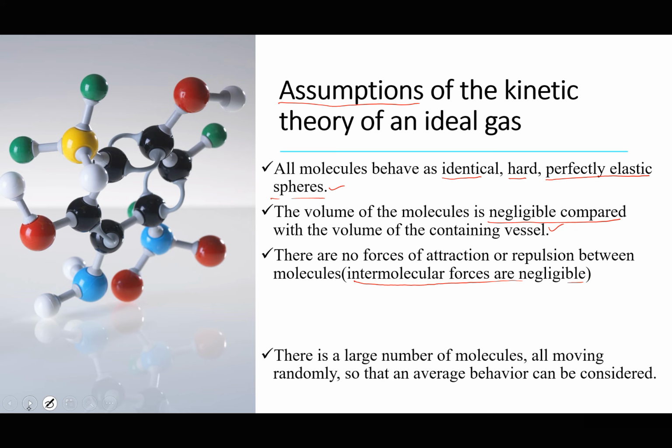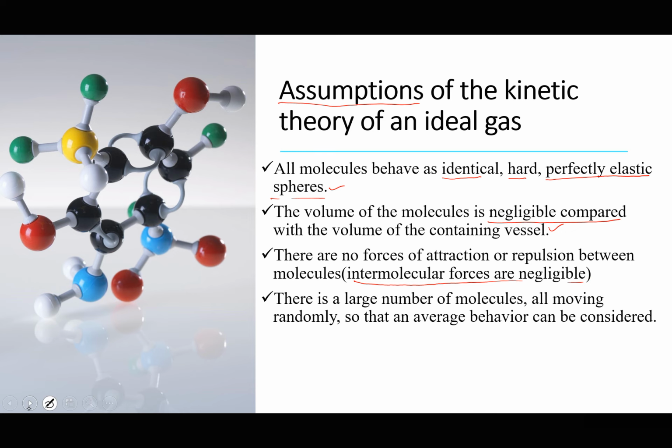Okay, number 4. We also assume that there is always a large number of molecules which are all moving randomly. Therefore, an average behavior will always be considered. Whenever we talk about an ideal gas, we shall always just be referring to an average behavior of all the molecules. We cannot talk about just one molecule.